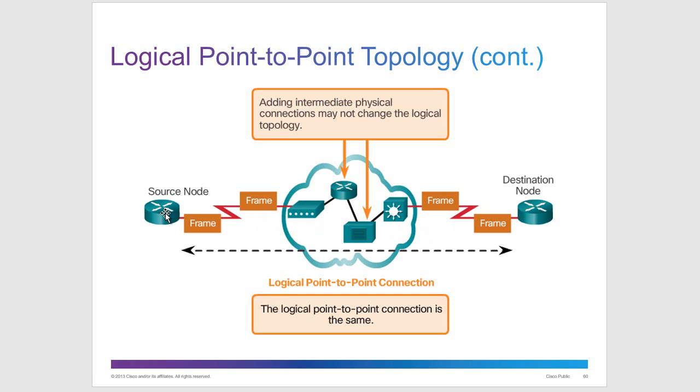So point-to-point doesn't need to be directly connected nodes. It can have multiple devices in between, like this layer 3 switch that we see here, a router, and a couple other devices. The big difference here, if you're on a virtual circuit: usually, if this were a standard network, when you'd send a frame from this device to, let's say, this router here, your destination MAC address would usually be that router.